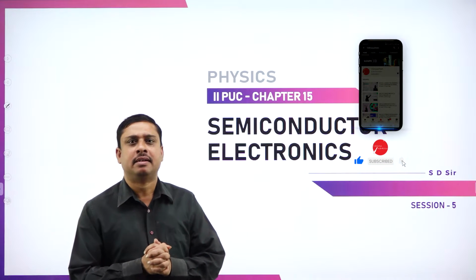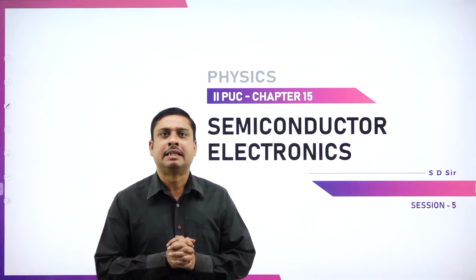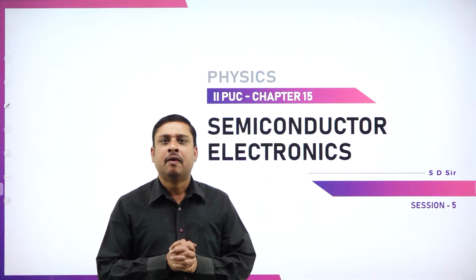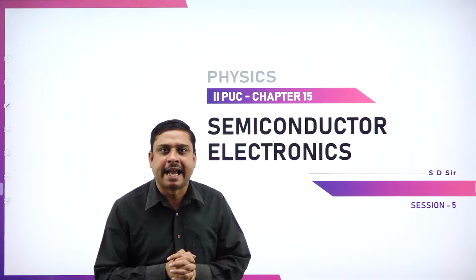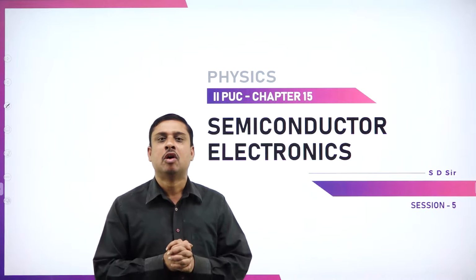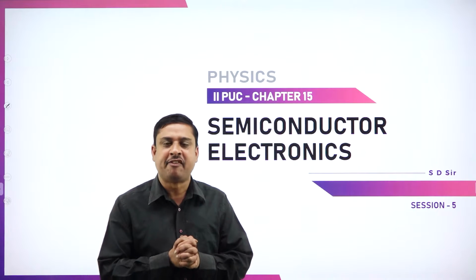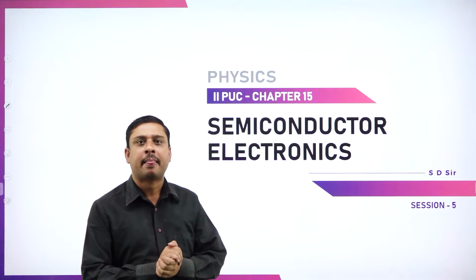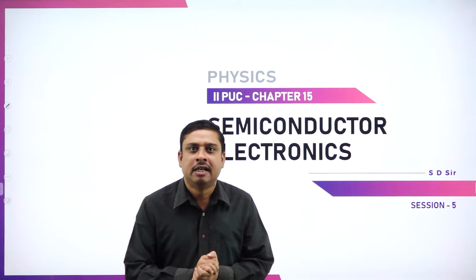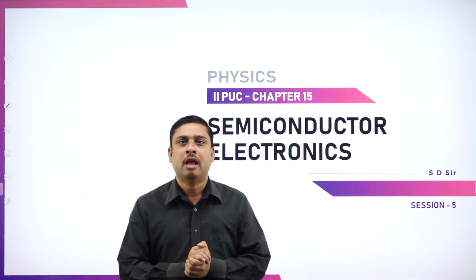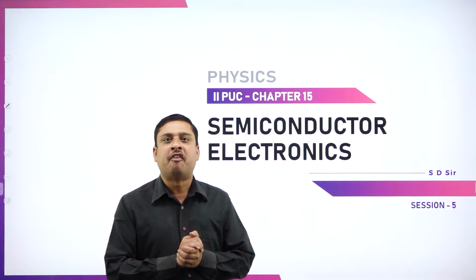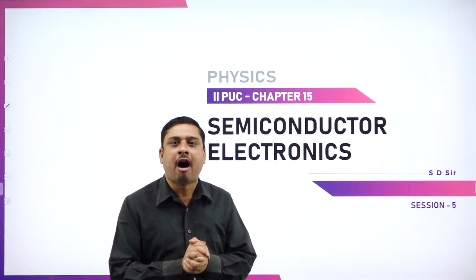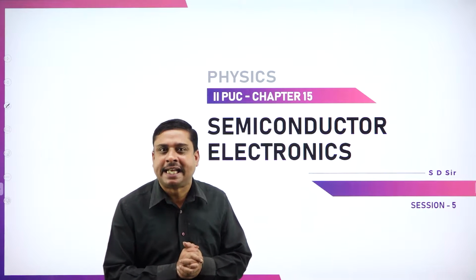Continuing my discussion on the topic semiconductor physics, where I was concentrating on a process called rectification. And in the previous session, we understood the working of a PN junction diode as a half wave rectifier.